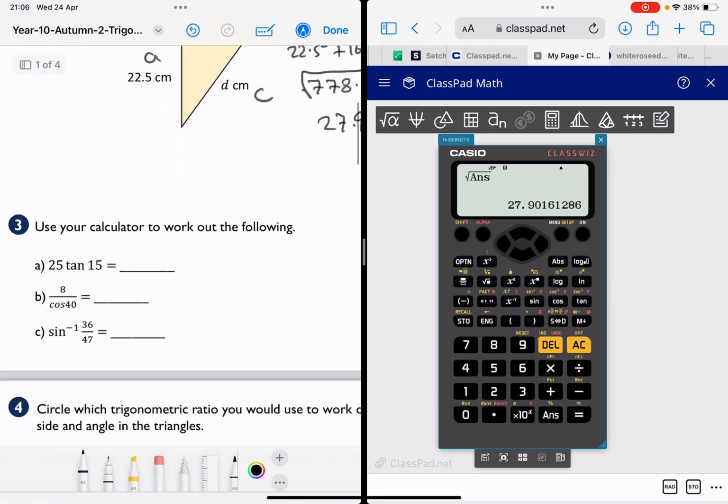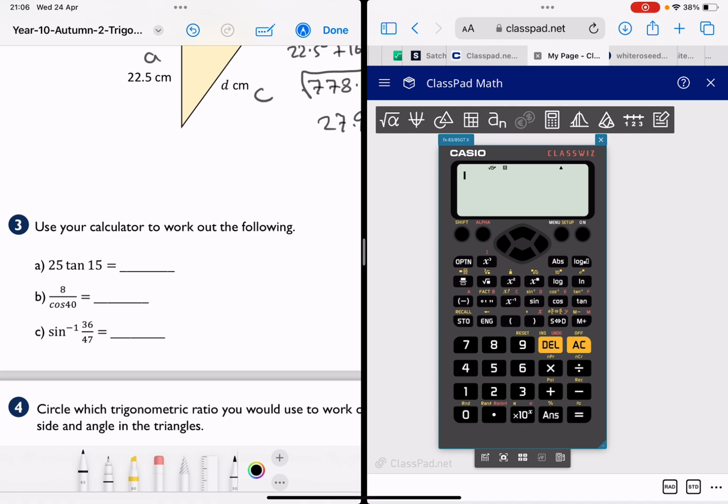Use your calculator to work out the following. So I'm going to clear my calculator, and with these calculators it's very easy. 25 tan. Now just be aware that the calculator has a bracket on it. And in fact, there's something I forgot that I told the students to do.